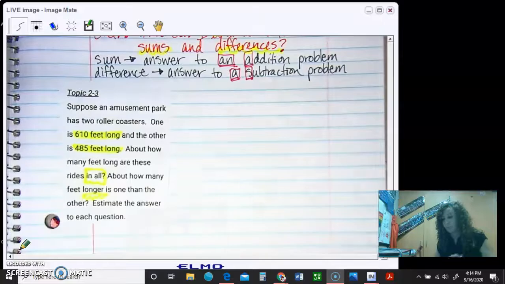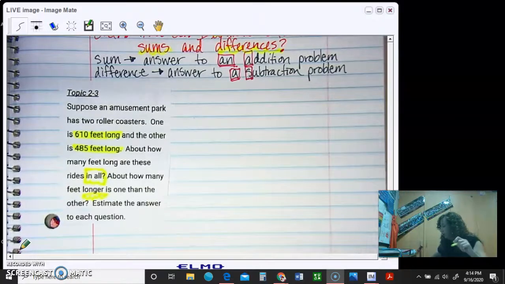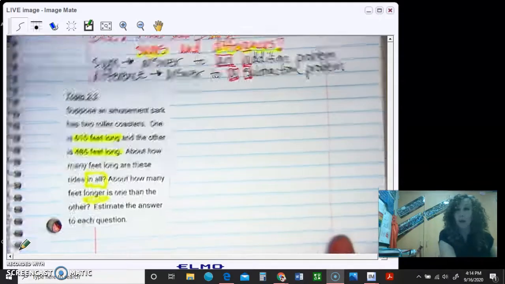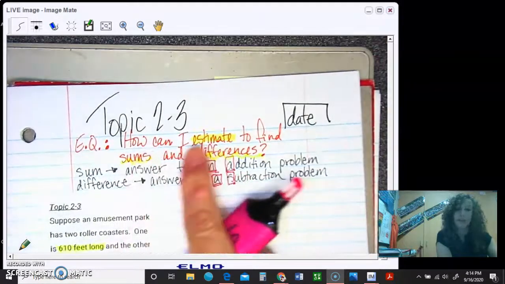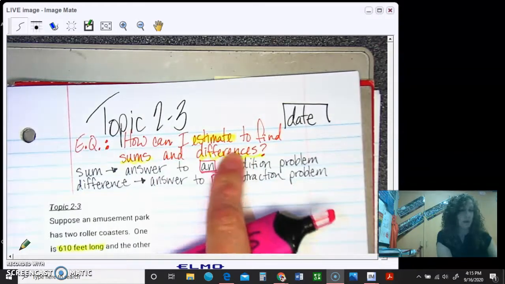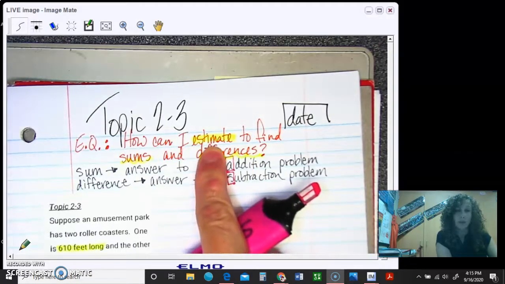Now, there is another key word we have to pay attention to, because if we look back at our essential question, we're talking about how can I estimate to find sums and differences. Well, everything I'm doing in this lesson has to do with estimating, right?